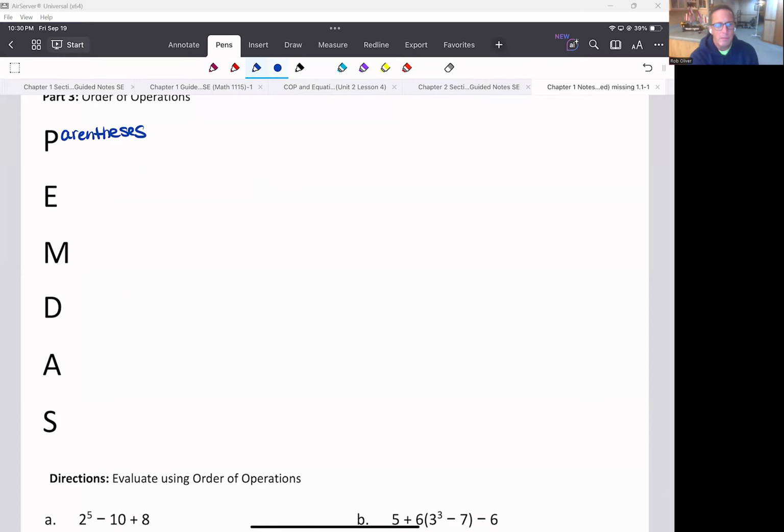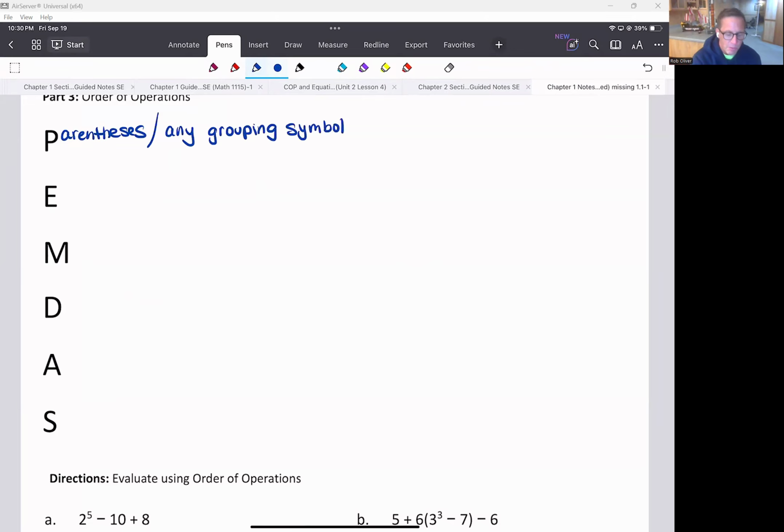It makes it sound like if we see something besides parentheses, then we don't do it first. But parentheses are one type of grouping symbol, and it could be any type of grouping symbol.